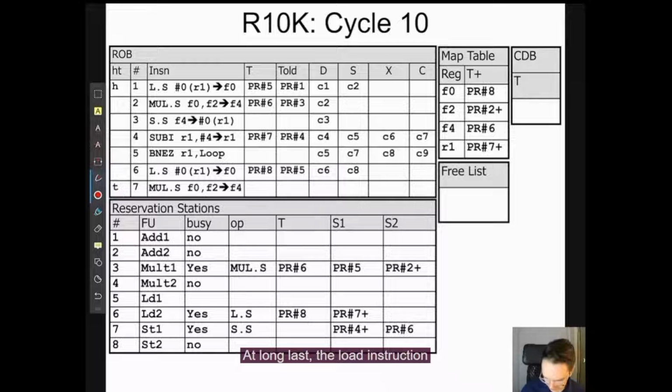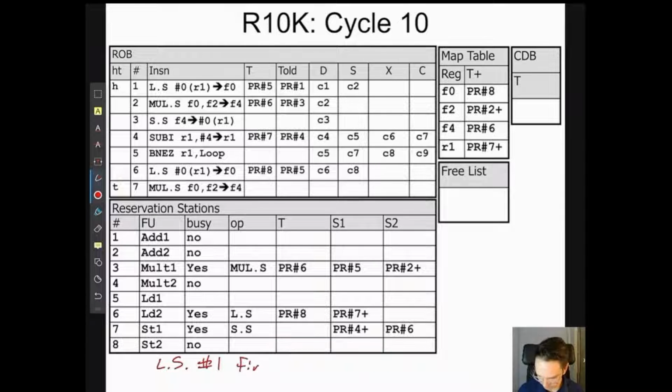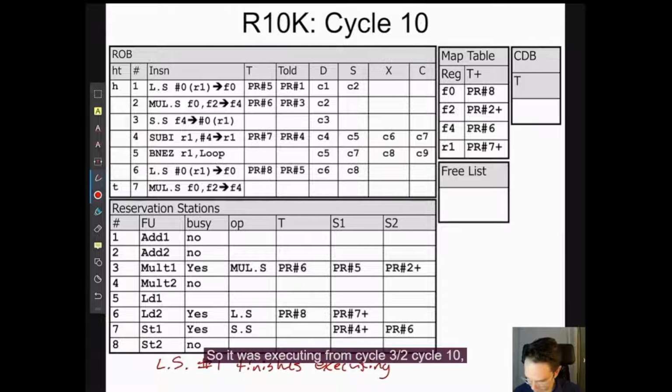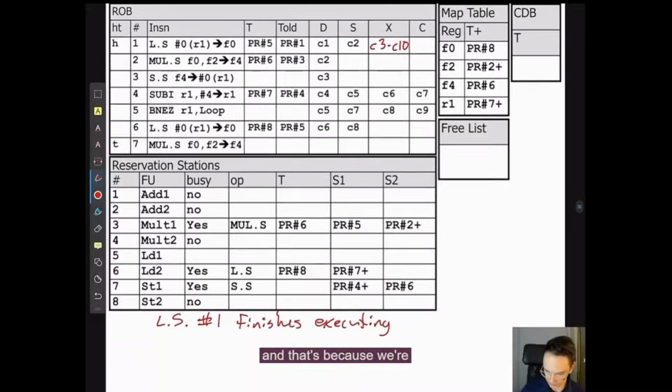At long last, the load instruction from the first iteration, it finishes executing. So it was executing from cycle 3 to cycle 10, and that's because we're assuming it was a cache miss, just like in the last module. So it took 8 cycles from begin to end to latch that data.